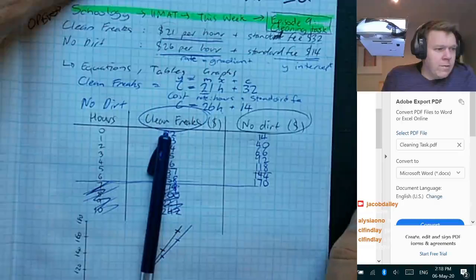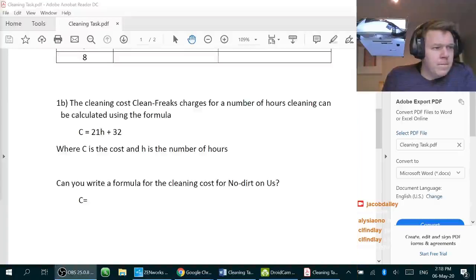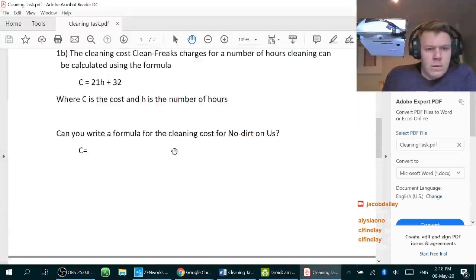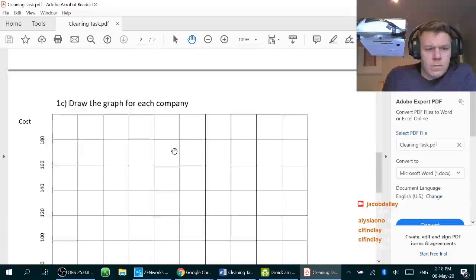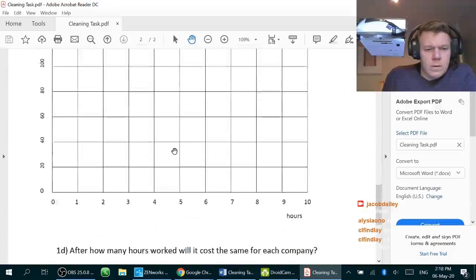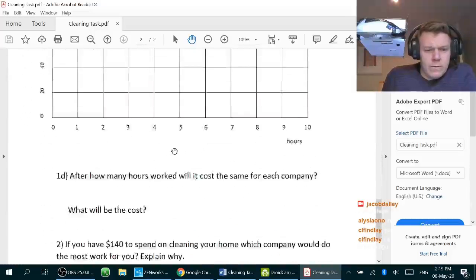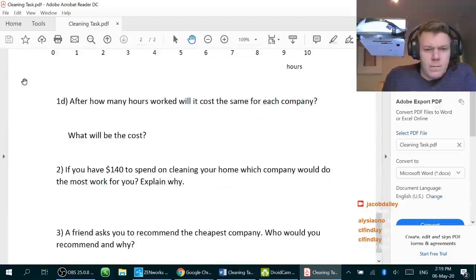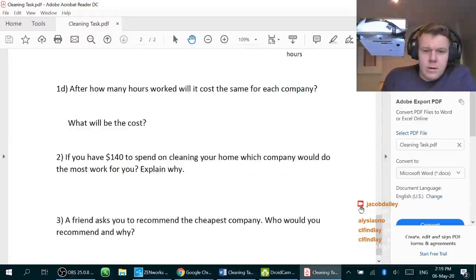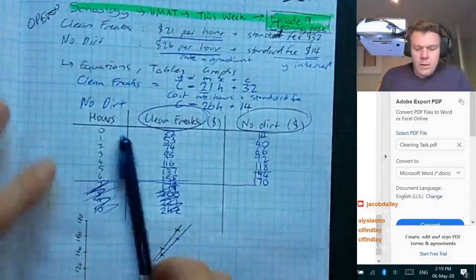Okay, what's next? We've already drawn the graph. After how many hours worked will it be the same for each company? Alright, so you can see that on the graph and the table. So I'll just show that again.